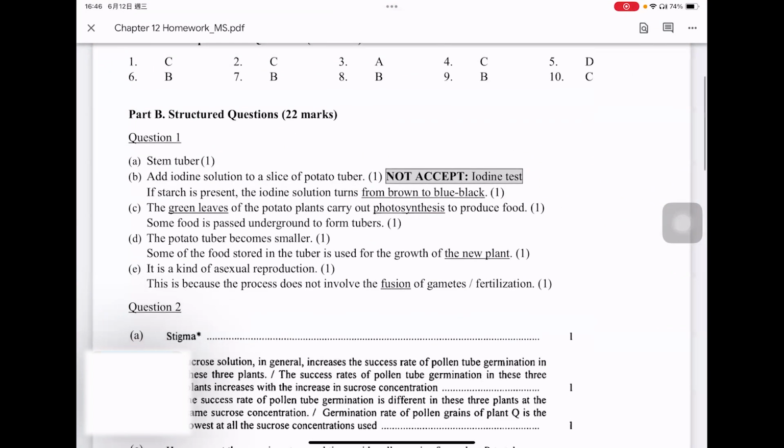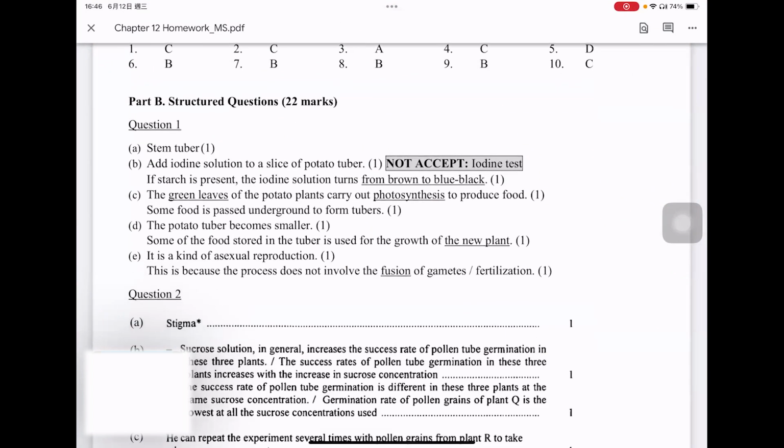You need to tell me more specifically that the green leaves of the potato plant will carry out photosynthesis to produce food, and then the excess food will pass to the underground stem. In this case, it will form the underground stem, which is the stem tuber.